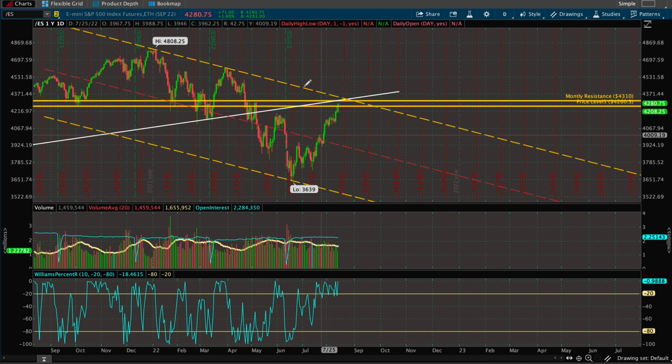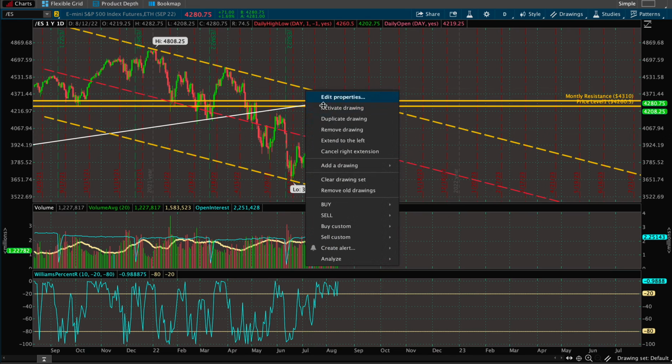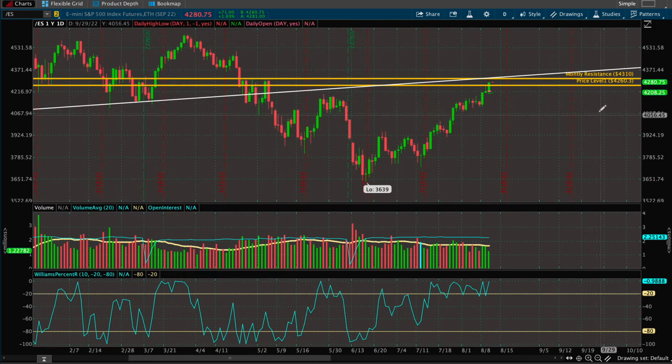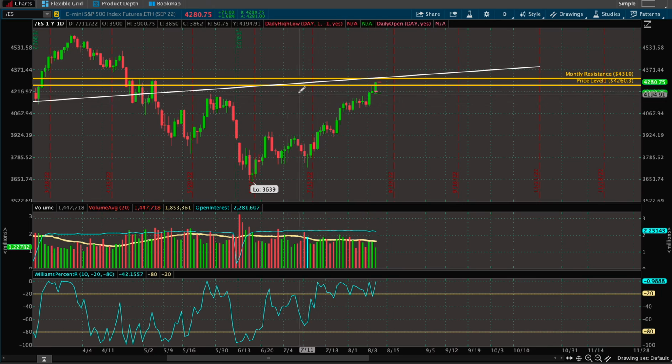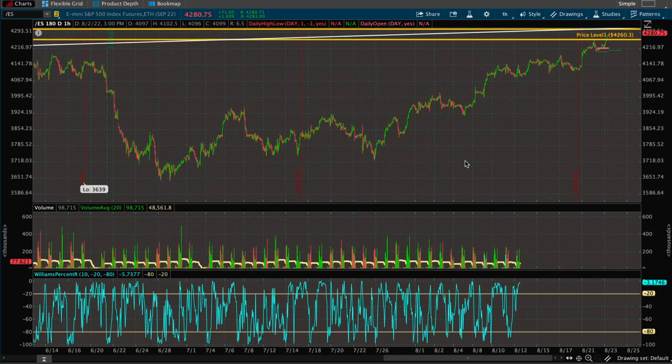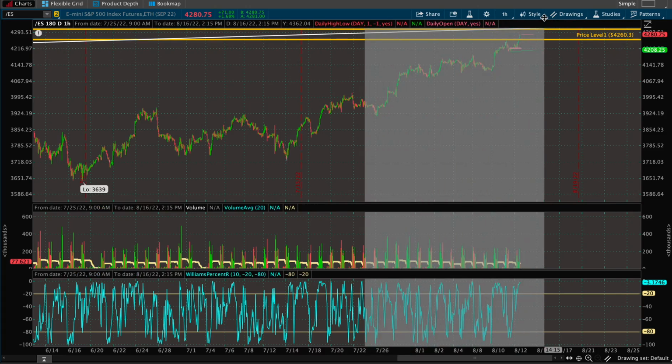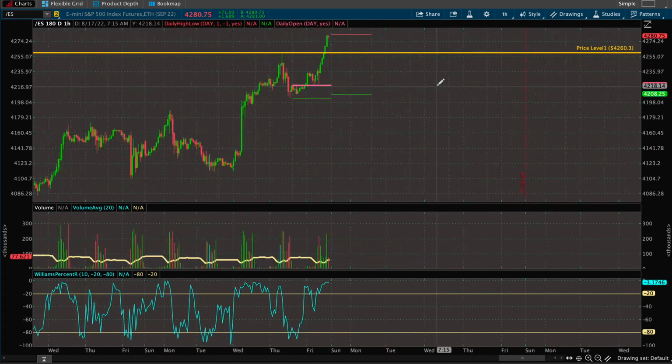Going into next week, let me remove this channel here and declutter our charts. Going into next week, 4260, I will go into the hourly so that you can see a little bit more clearly. Okay, there we go.